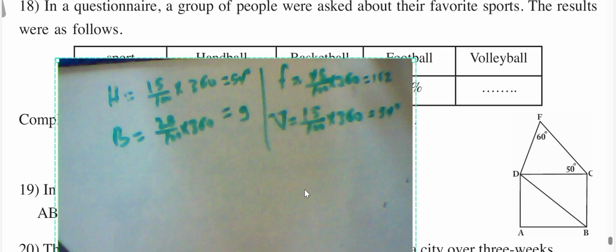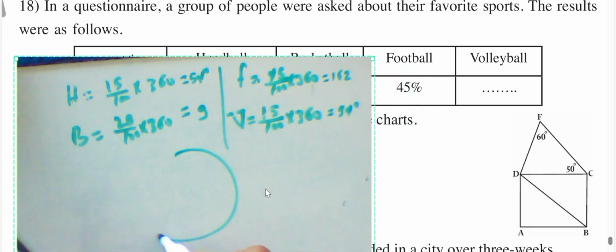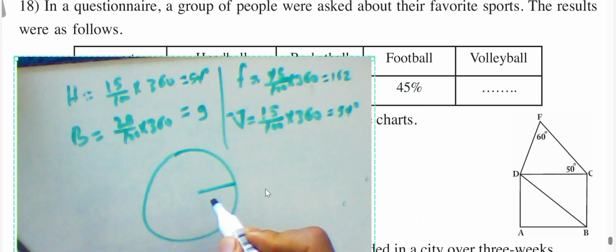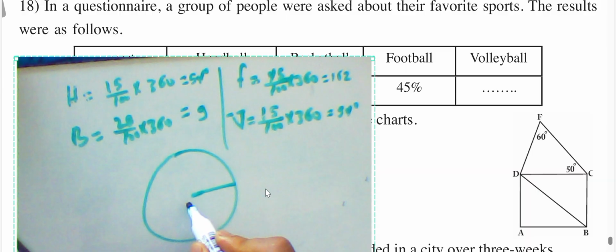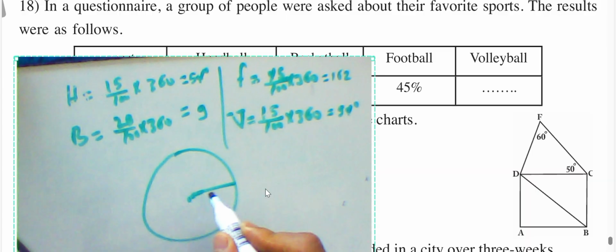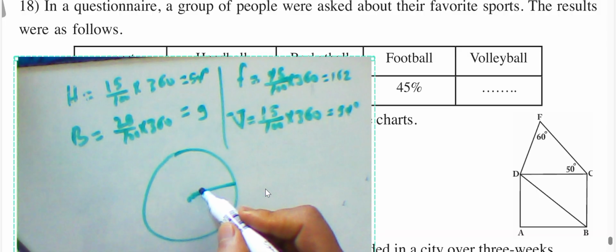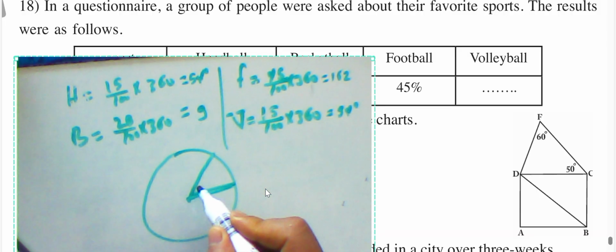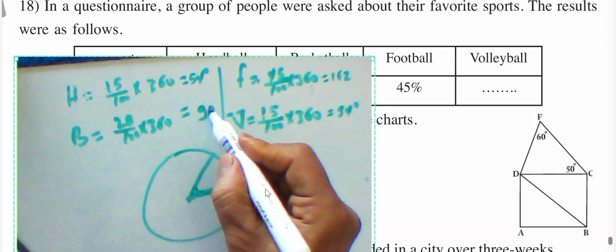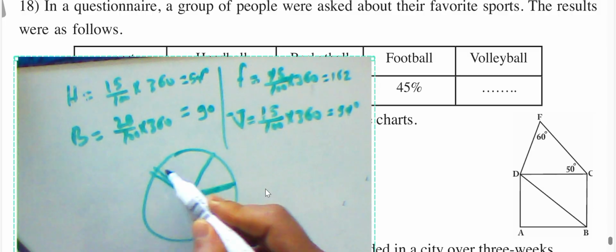Now I will draw the chart like this, a circle with a radius of 5 centimeter, starting from the center, going from 0 to 54. The angle here will be 54, and the angle here will be 90, like this.